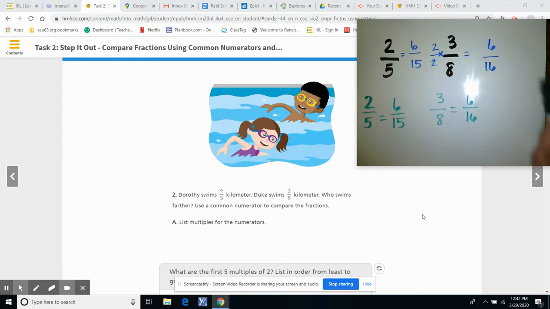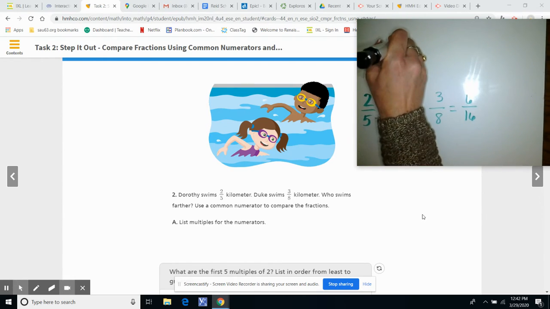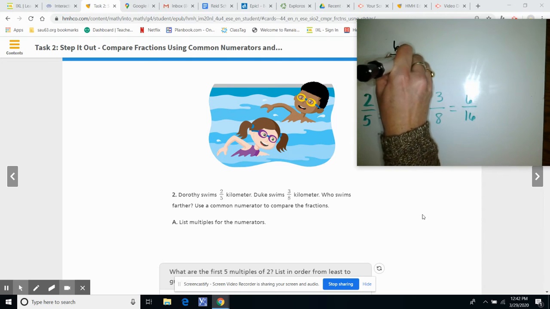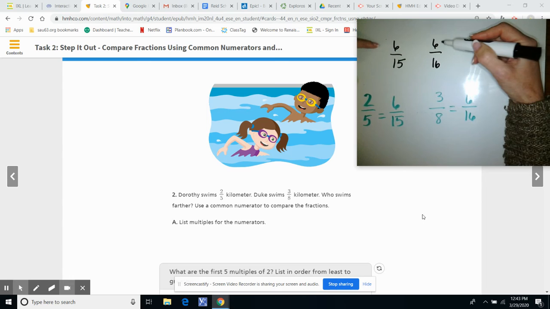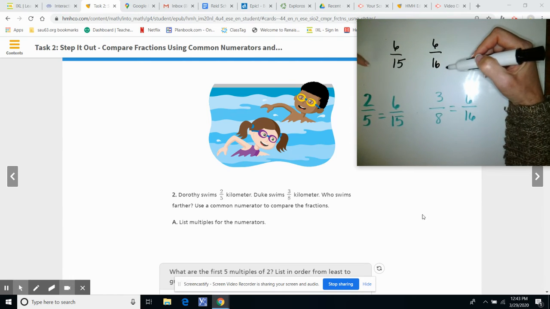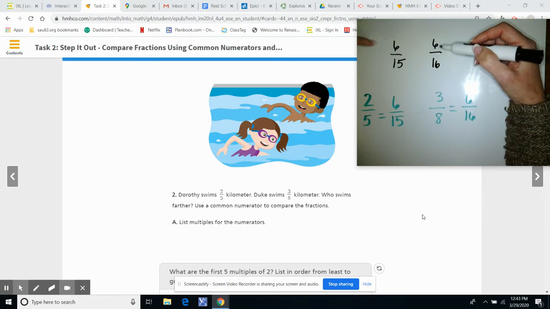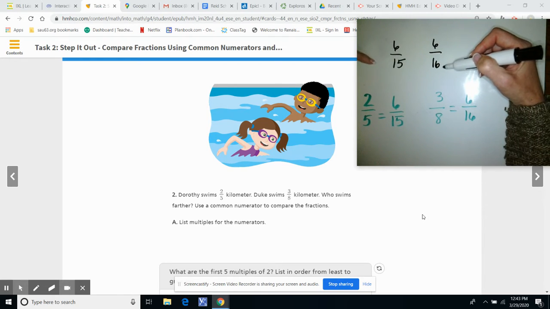Now it's our job to find out who swims the farthest. 6/15 and 6/16. We have now common numerators. Our denominators are different, so you need to now look at the denominator in a different way. Because these are the same, now we can compare our denominators.